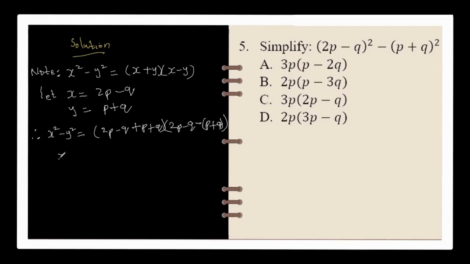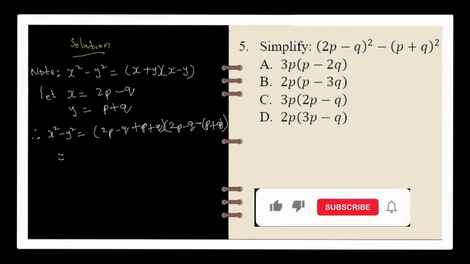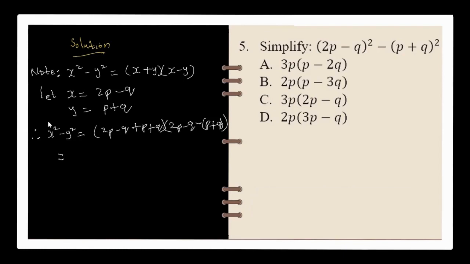So this, if we open this bracket now, we have 2p plus p, that's 3p. Now, if you look at this bracket, some interesting things will happen. This minus q and plus q will cancel out, giving us 2p plus p, that will give us 3p. Then that is the whole of this first bracket.